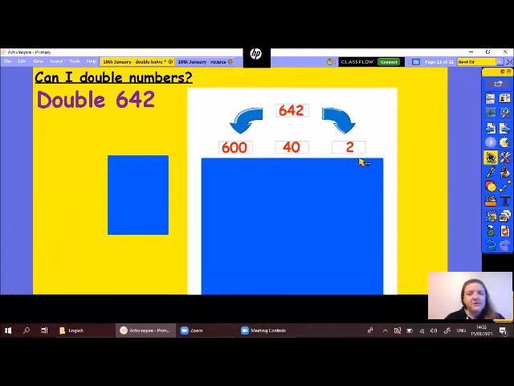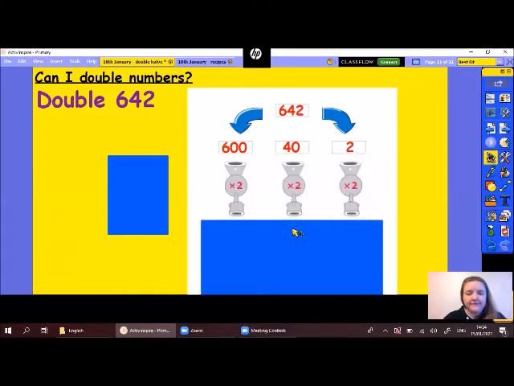And then what we need to do with each piece, because we're doubling the whole number, is we need to double each piece. So this is our function machine. Each piece of the puzzle is going to be multiplied by 2, and we get the answers out the bottom, and then we can put them all back together again. If I bring this down, we can see the answers for each section.